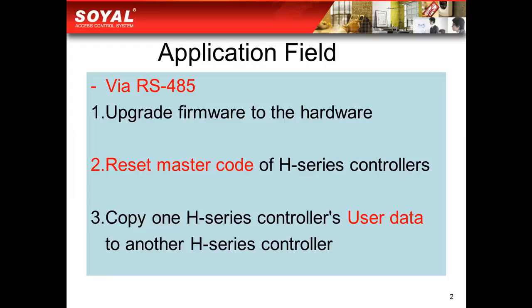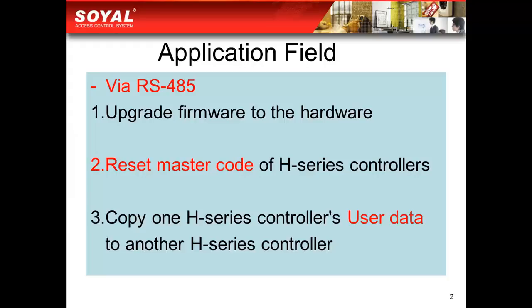When you want to use our ISP tool, you need to connect your controller with the computer via RS485. First, we will use ISP tool to upgrade the firmware. When our customer has some special requirements for their project, we will revise the firmware for them.